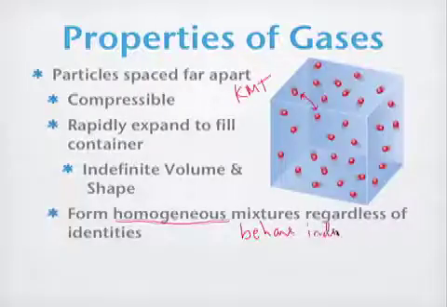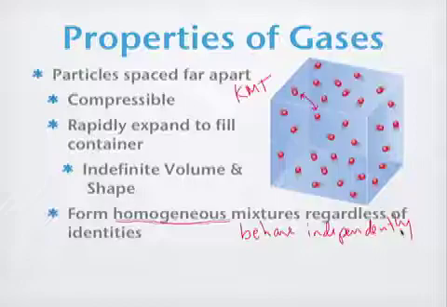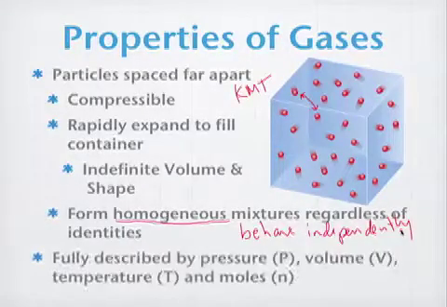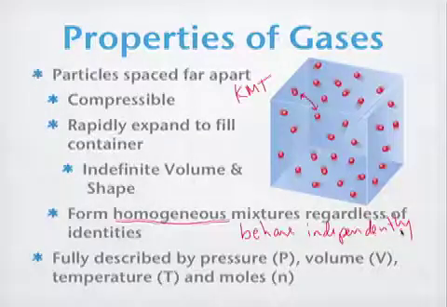They behave independently of one another, as if the other gas particles that were in there did not even exist. Finally, gases are completely described by four quantities: pressure, volume, temperature, and the number of moles of a gas, which we will call N.